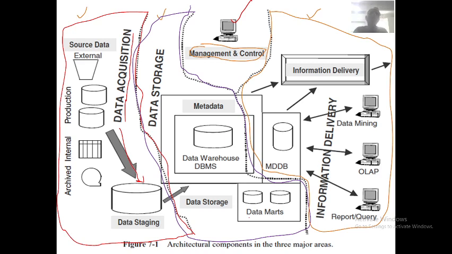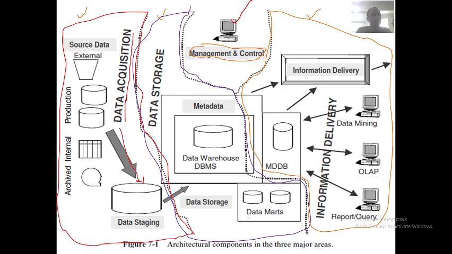All these components are grouped together to form the information delivery system. So the entire architecture is divided into three parts, and each part has a group of components.